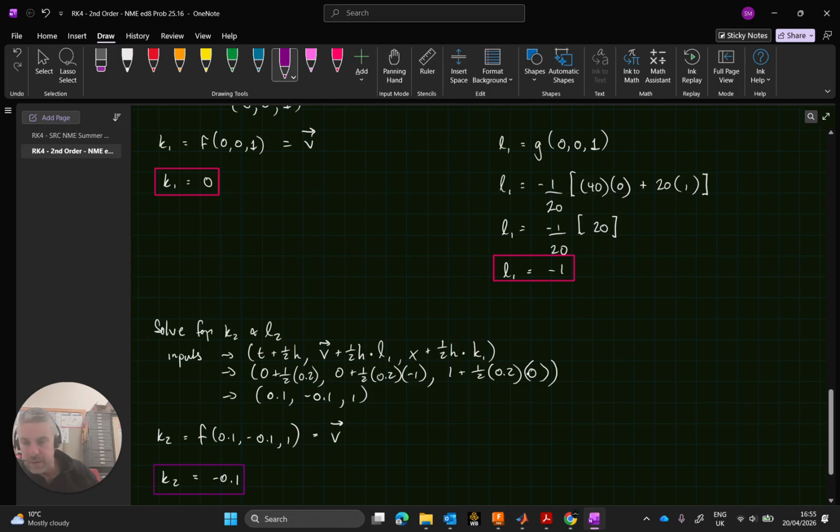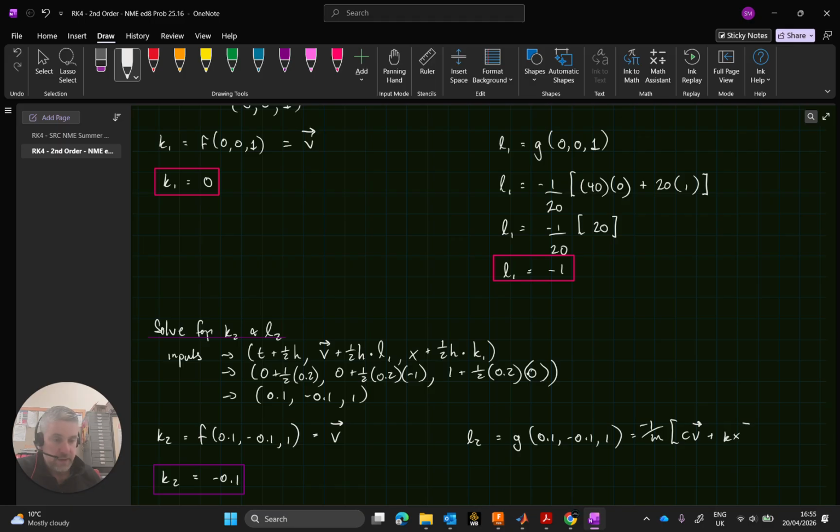I'm going to solve for K2 and L2. Just color code these again. Now L2 is equal to, this is our G function, right? And we're going to be putting in the exact same inputs, minus 0.1 and 1. That was equal to 1 over M, minus 1 over M, by CV plus KX.